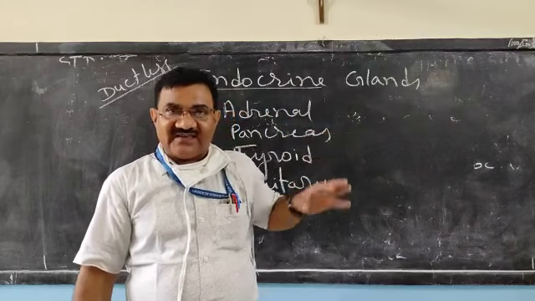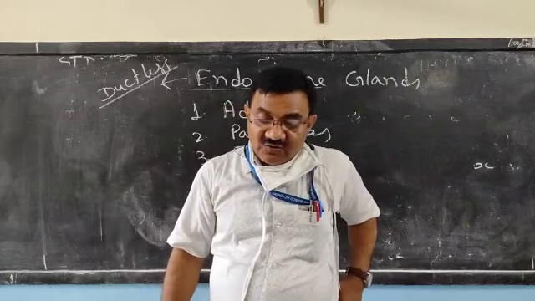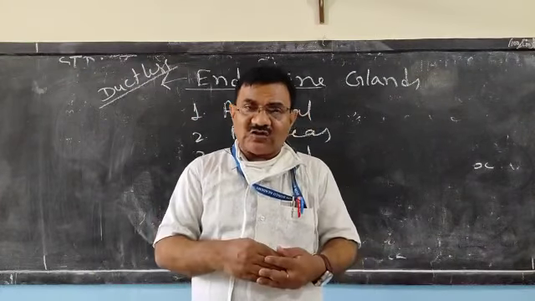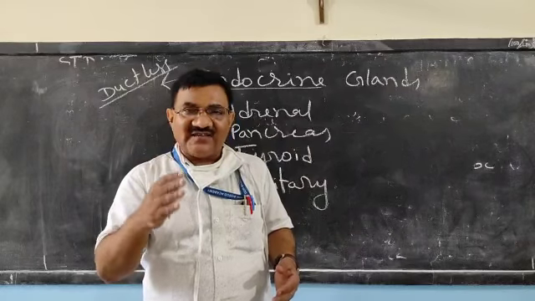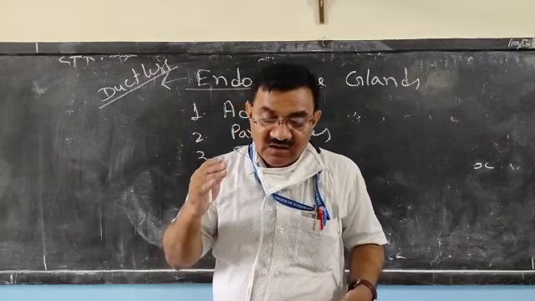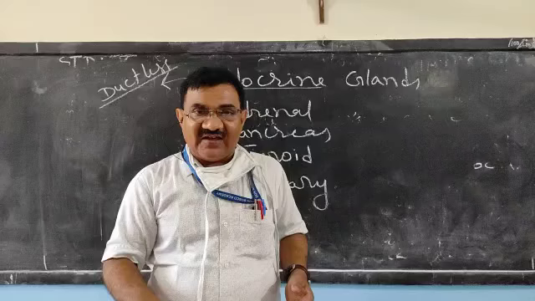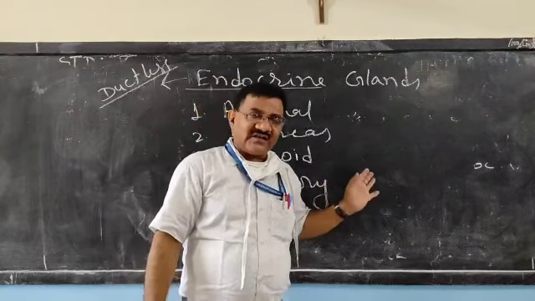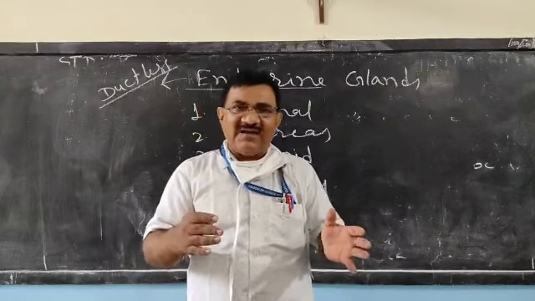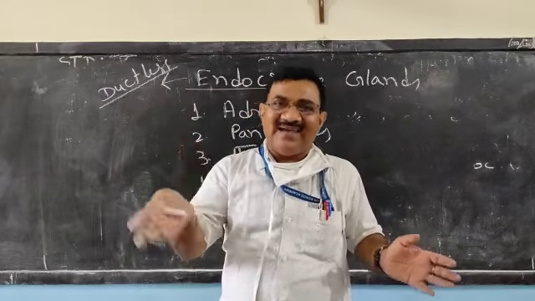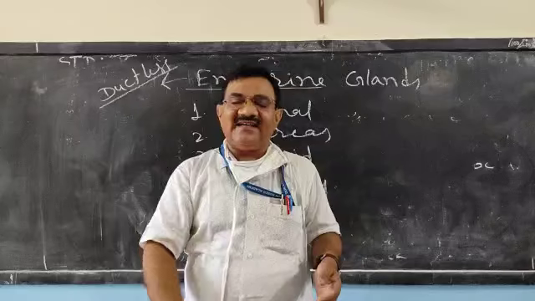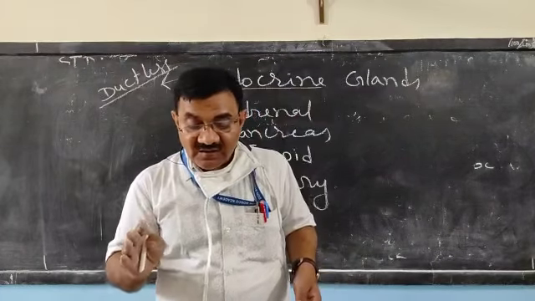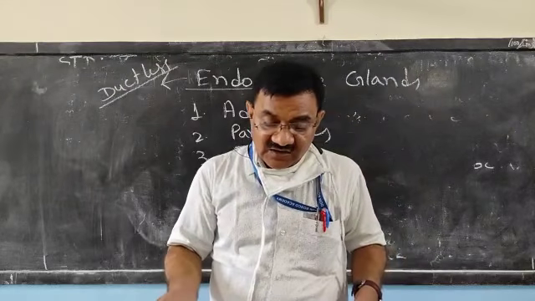Cortical hormones behave like sex hormones in both male and female, and overgrowth of the cortex causes premature sexual maturity in young children. Some females may develop male characters and some males may develop female characters; that is adrenal virilism, due to the overgrowth of the adrenal cortex.